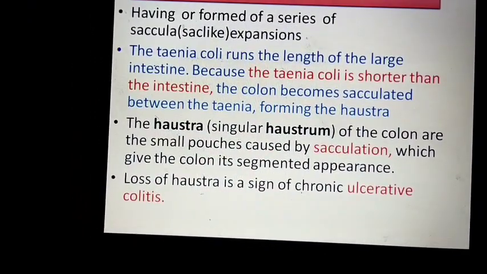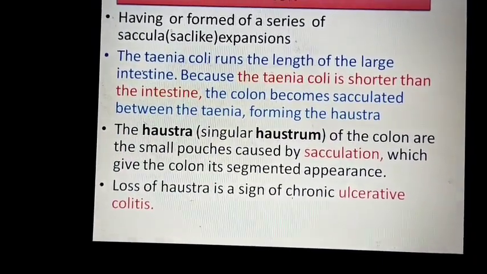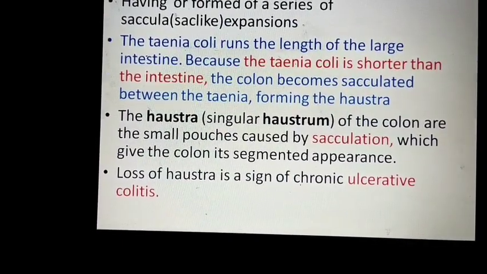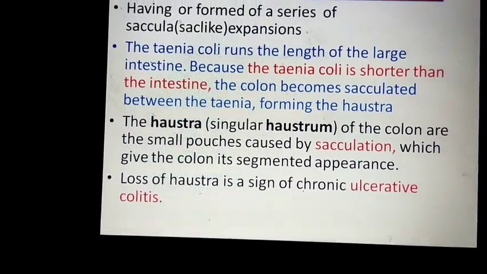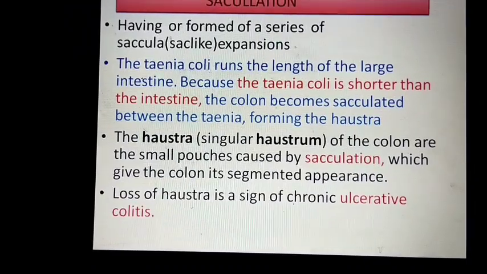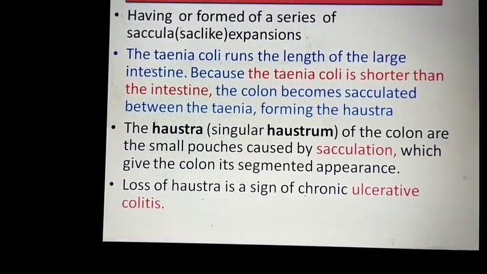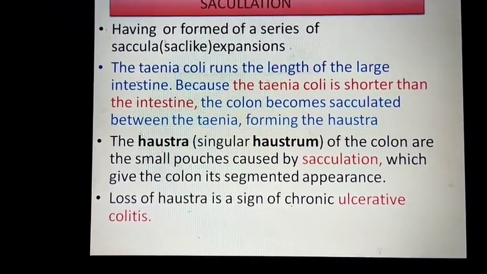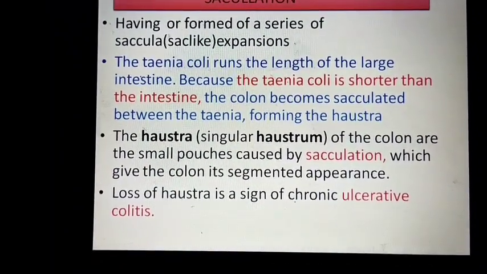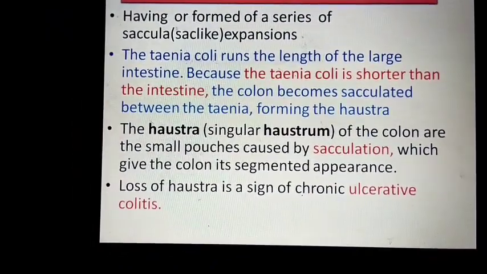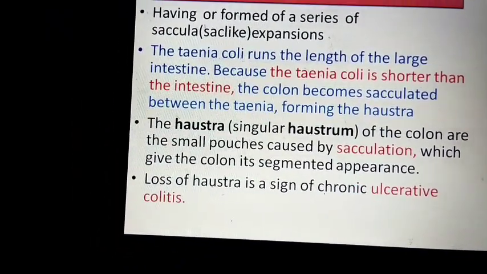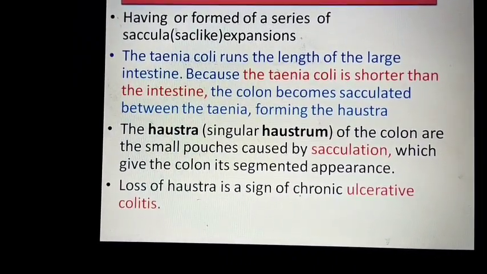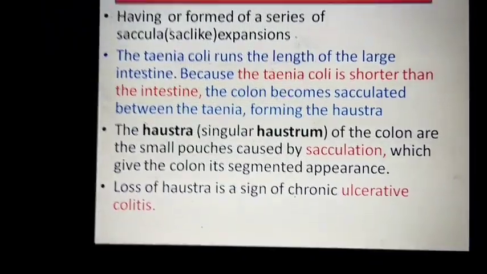In that case it looks like a pipe-like structure in the X-ray, or in the barium meal enema. When you see loss of haustrations, a pipe-like structure, that is ulcerative colitis. That inflammation is transmural, meaning it involves all three layers. Trans means transverse inflammation of the whole part of the large intestine or layers of the intestine.